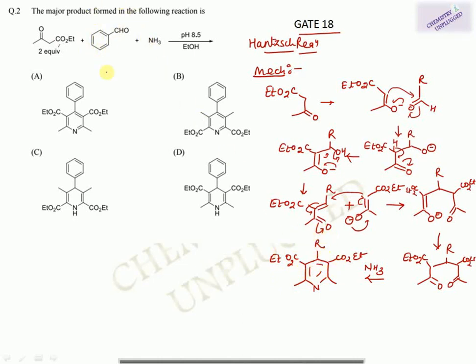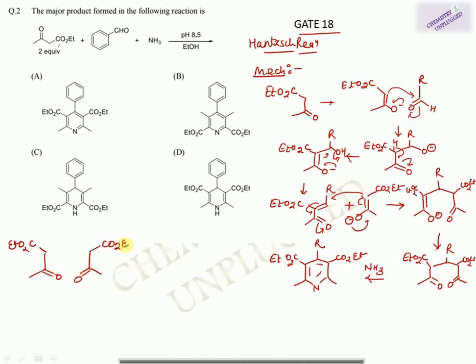But the simple way of doing this reaction is, first align this keto ester like this. The simple way to remember this is to align this beta keto ester in this way. Always place the ketonic group towards the inner side of the ring. Similarly, do the same with the second molecule of this keto ester.